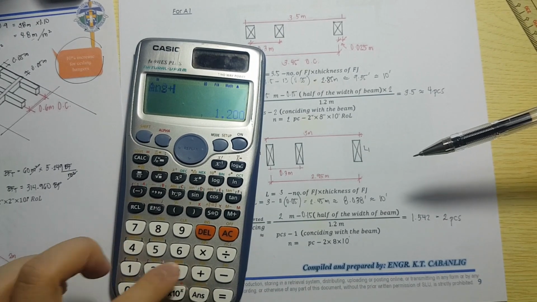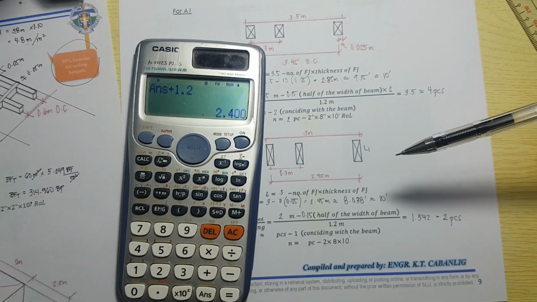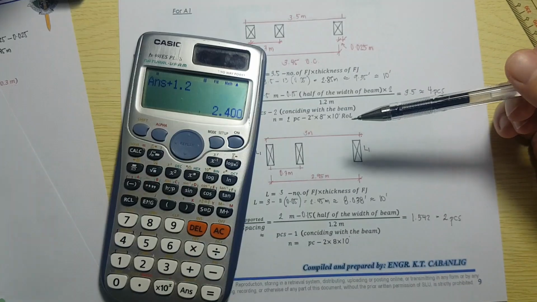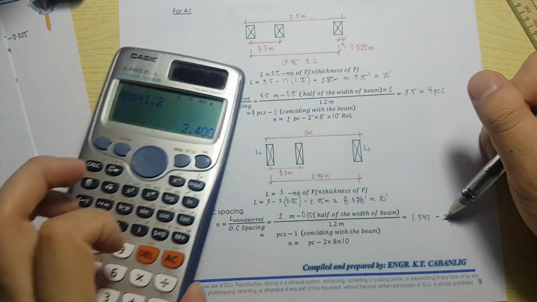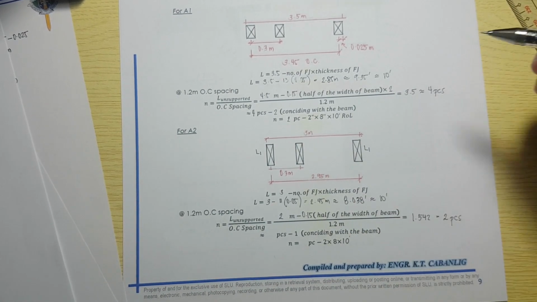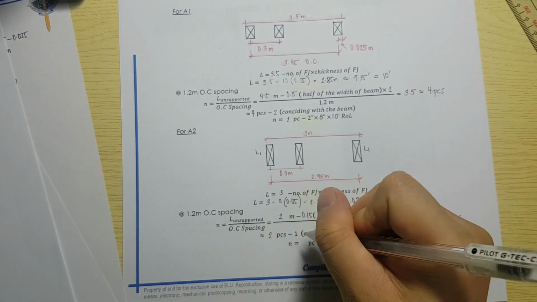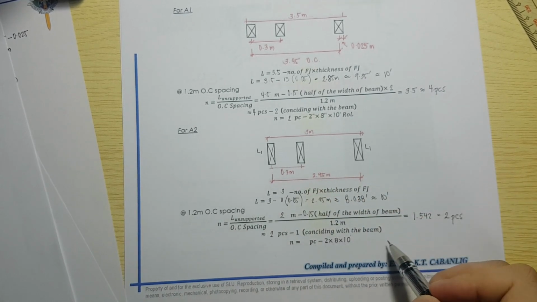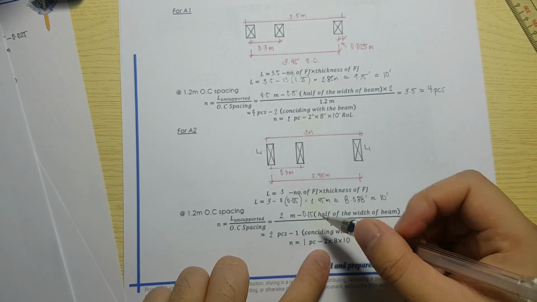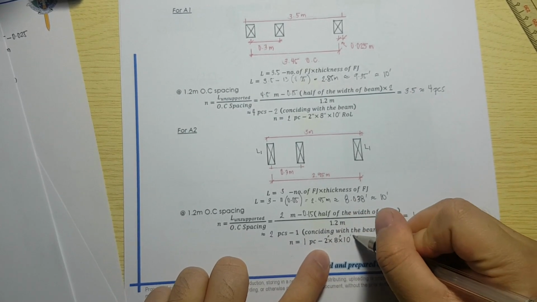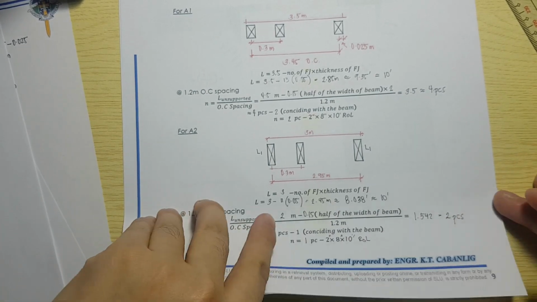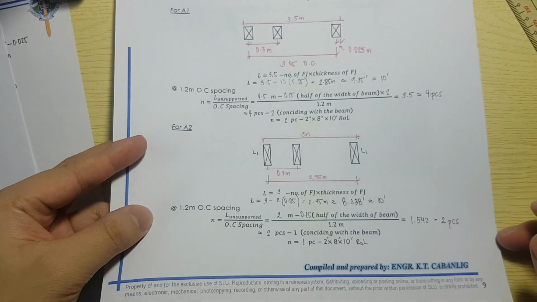So, plus another 1.2. Pasok na tayo sa 2 meters dito. Okay? So, ibig sabihin, the other piece will coincide with the beam. So, we need to subtract that. So, 2 pieces minus 1, which is coinciding with the beam. Therefore, we will only be needing 1 piece of 2 inch by 8 inch by 10 feet rough lumber. And that is for area number 2.